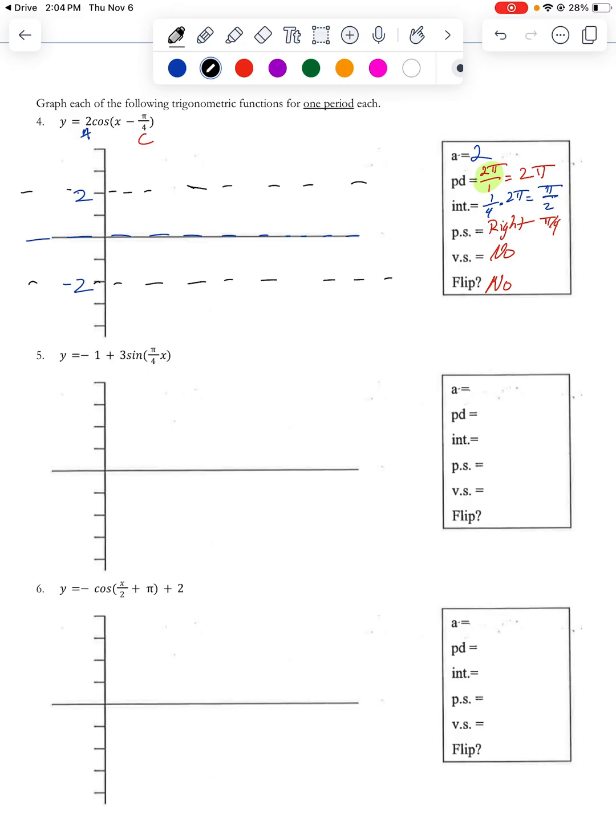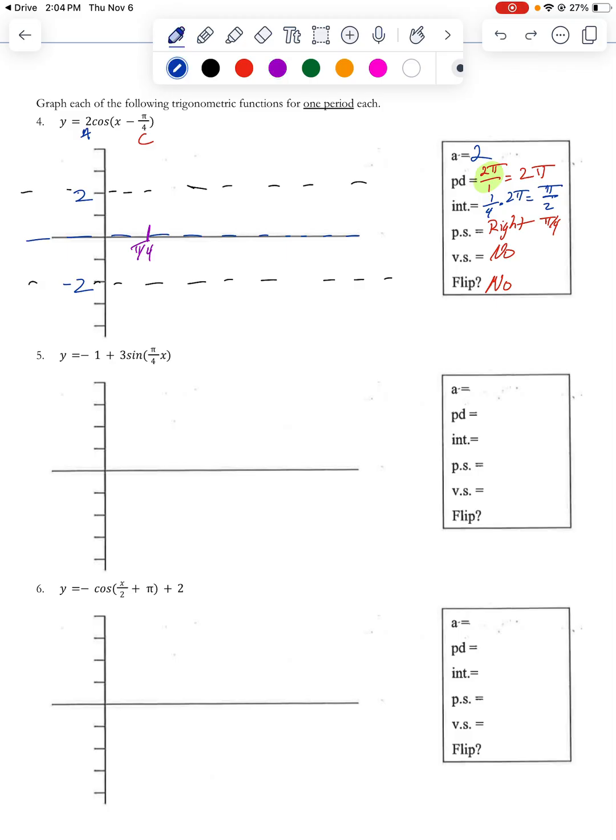Next, I want to figure out my starting point. Well, my starting point is affected by my phase shift. I move right pi over 4. That's where I start. My next point has to go up by my interval, which is pi over 2.